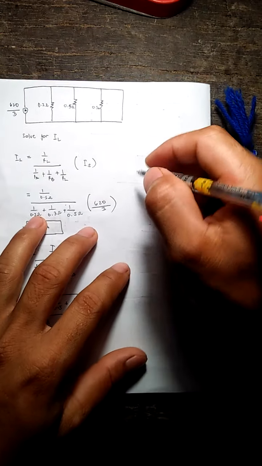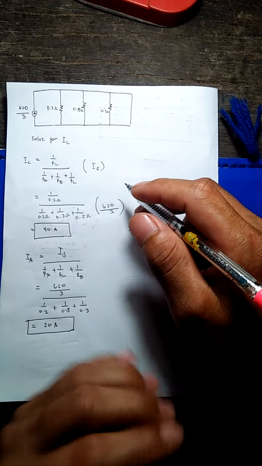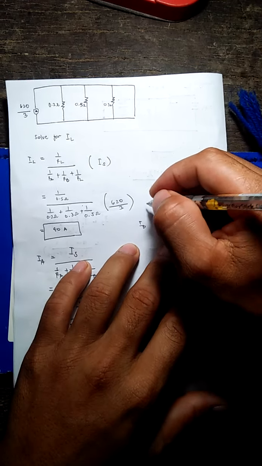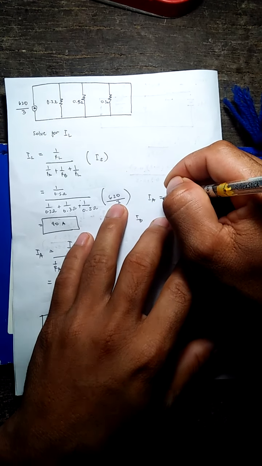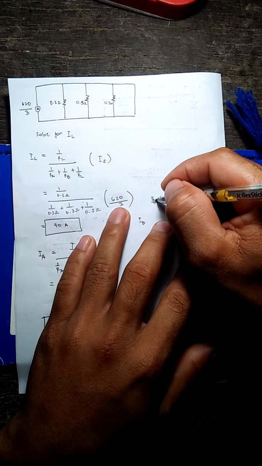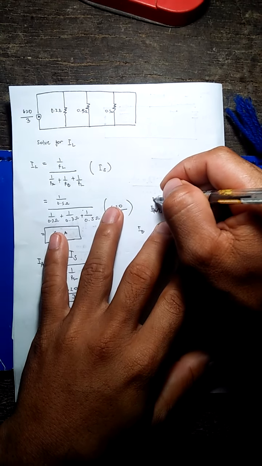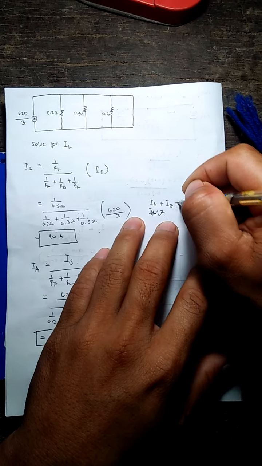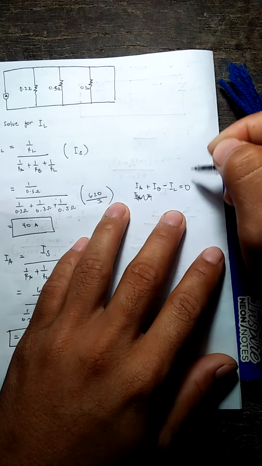Then solve for IB. Our IB can be solved by applying KCL. Using the equation, IA plus IB minus IL is equal to 0.